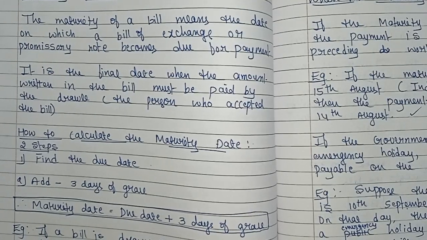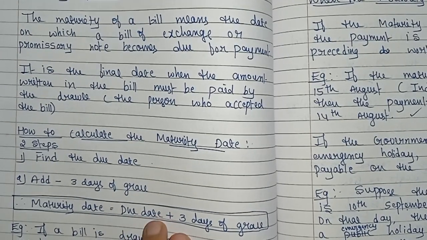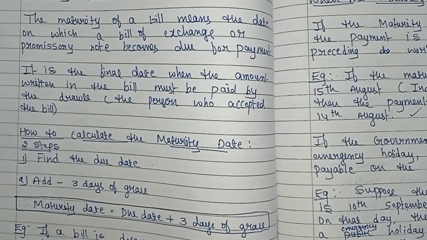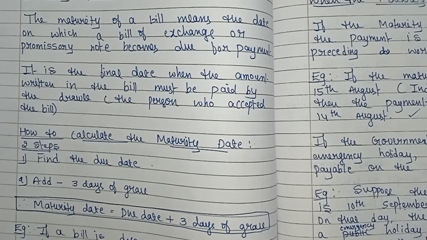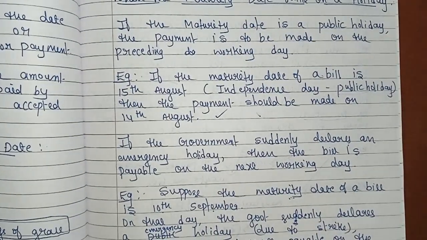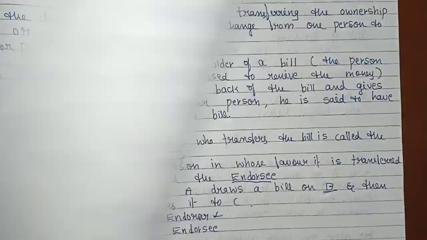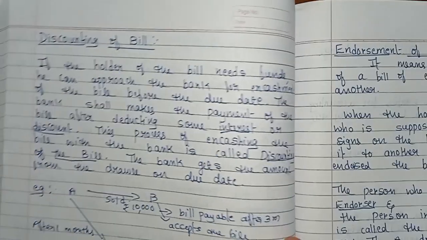So maturity date means due date plus 3 days of grace. Clear? Now when the maturity date falls on a holiday, the payment is made on the preceding working day, that is, the previous working day. And if the government declares any emergency holiday, then the payment is done on the next working day. Clear? Simple, right?